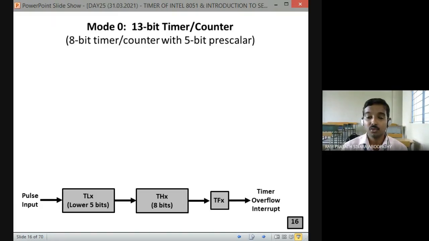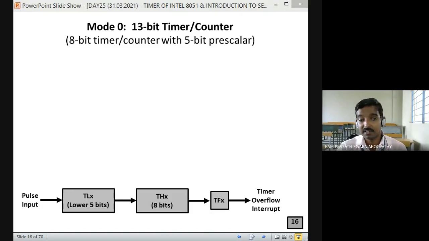Can you say, if I put 0 in the lower 5 bits, how many counts it takes to overflow? Type it in the chat. I have put 0000 as the initial value in binary. How many pulses does it need so that TL0 will overflow?